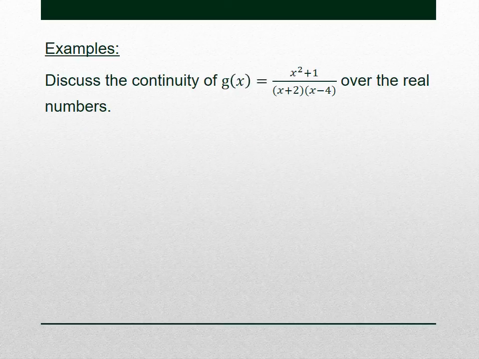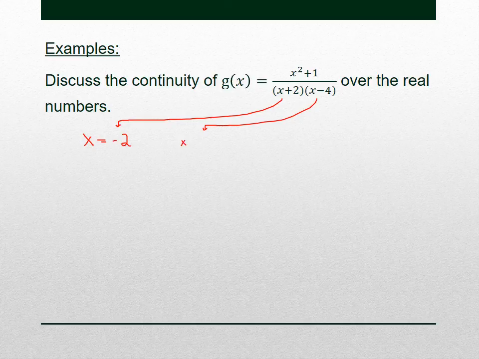All right, here we have g of x. That's not a polynomial. It's a rational function. So we need to figure out when is the denominator equal to 0. Well, that happens at x equals negative 2 and x equals 4.